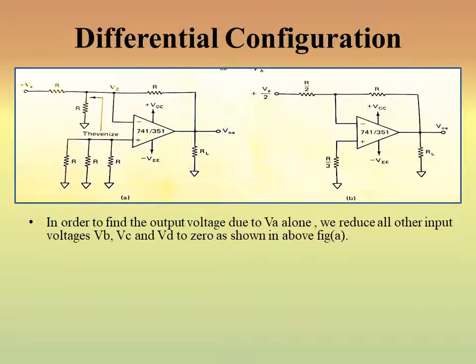In that case we reduce all other input voltages VB, VC and VD to 0, as shown in figure A. Here we have reduced all three inputs VB, VC and VD to 0 and only VA is left.